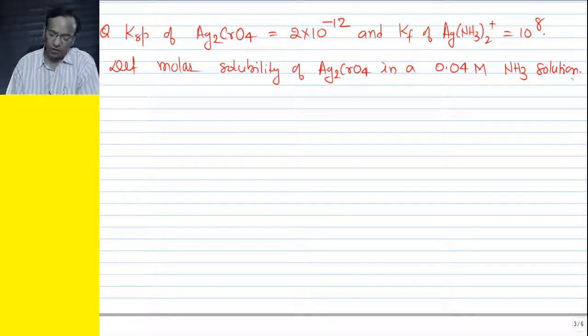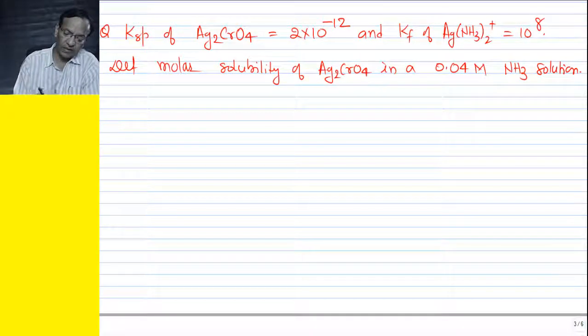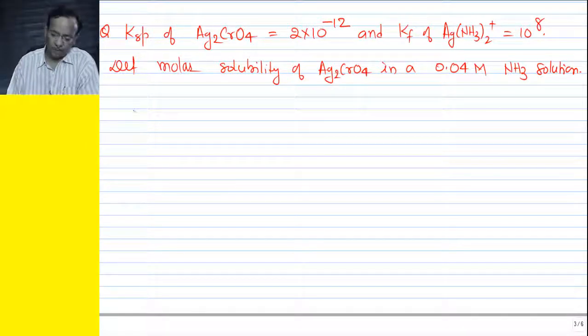Now it is again a similar type of question. So first let us write the solubility equilibrium dissolving reaction.